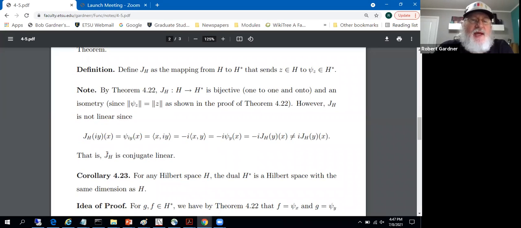So if we were to look at J sub H of iy, so we're going to take iy in, this should give us out a bounded linear functional, an element of H star, the dual space. So the x is acting as an argument, kind of an f of x style.